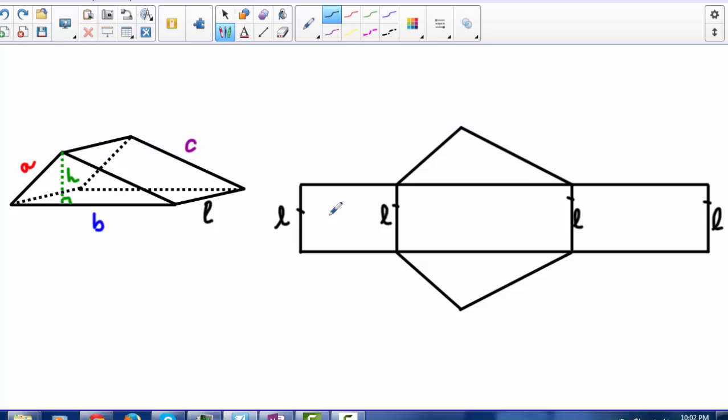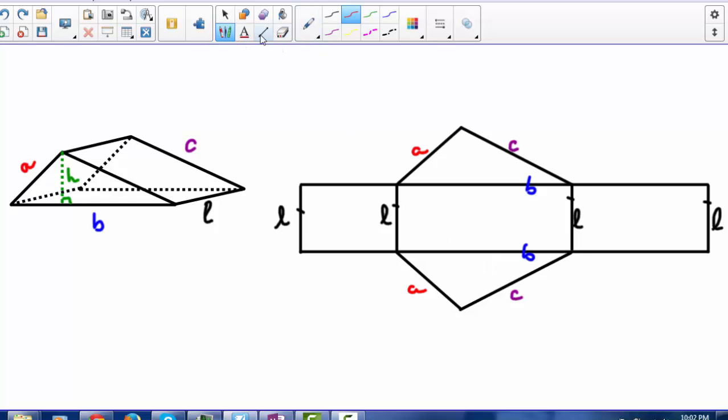Now if I want to see A and B and C where they are: B is down here, so I'm going to use a blue color, this is B and this is B. If I want to see C, the longest side, C and C. If I need A, that means this one is A, this one is A. What about H?